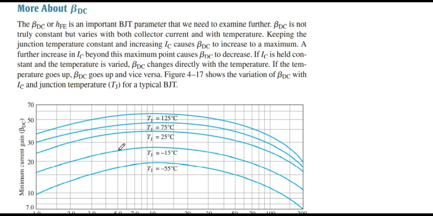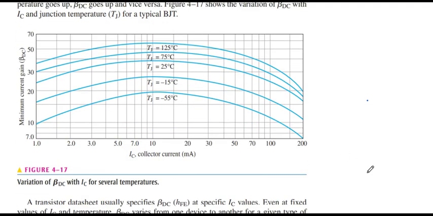If IC is constant and we increase the temperature, beta DC starts from there and reaches there. The middle state tells us what happens to beta DC if the temperature varies from minus 55 centigrade to 125 centigrade and so on.